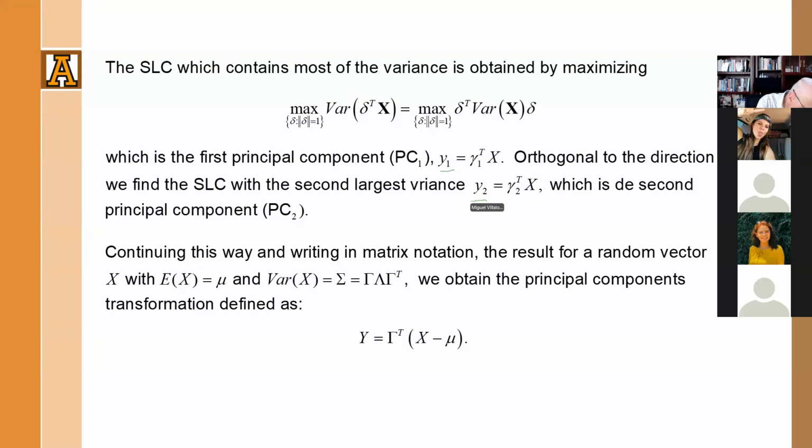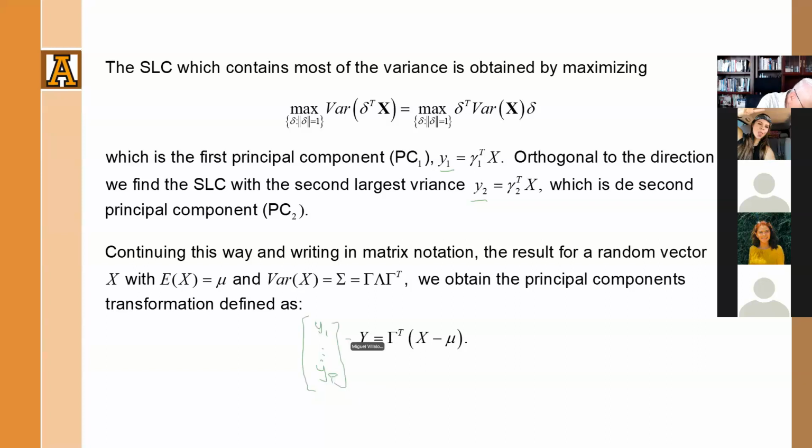It's a transformation that transforms the original variables to a first principal component. Y2 is the second principal component. It's a transformation that transforms my original x variables to the second principal component. So I have p principal components, right? I have y1 up to yp.